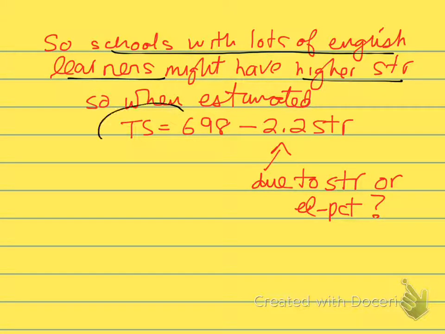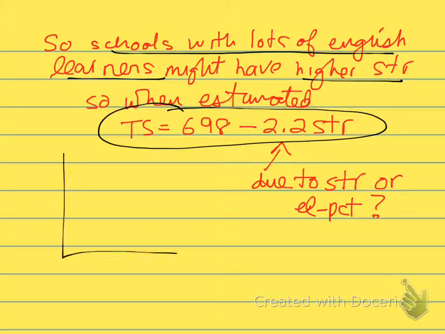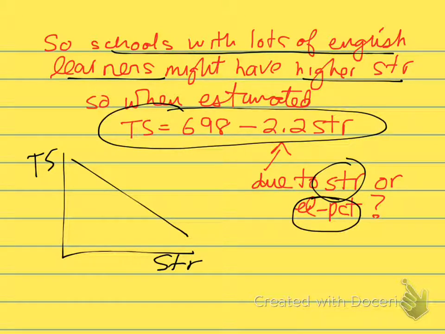So if we go back to our old equation, if we estimated this, test scores equals 698 minus 2.2 student-teacher ratio, we could ask the question, well, how do we know whether that decline, that negative relationship between student-teacher ratio and test score that we estimated and saw in the data, is due to the student-teacher ratio or to the percent English language learners?